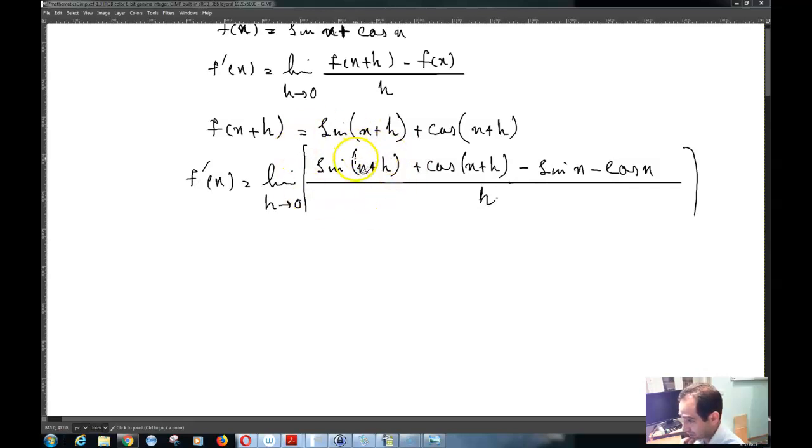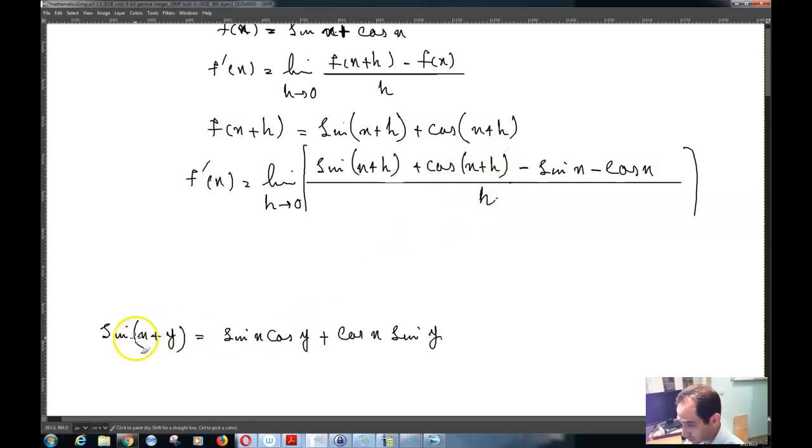So then basically you know that sine x plus y is equal to, in the beginning over here, sine x plus y is sine x cos y plus cos x sine y.